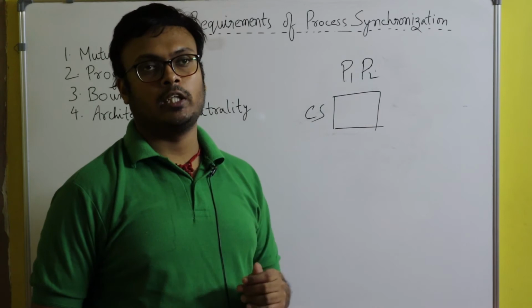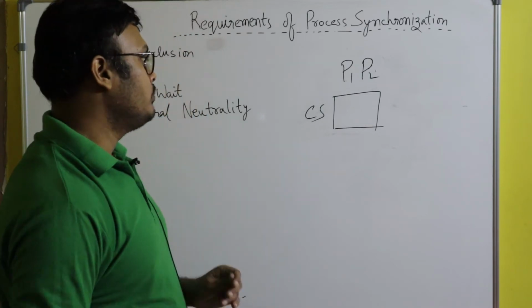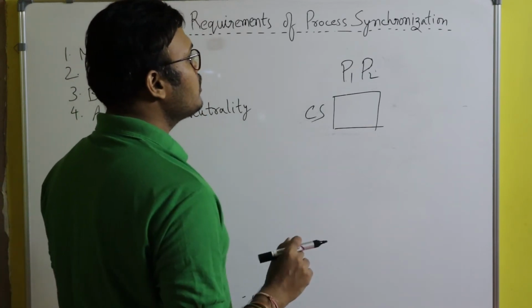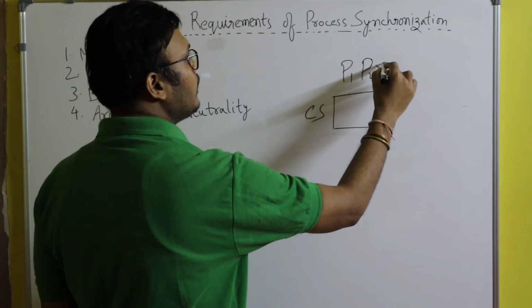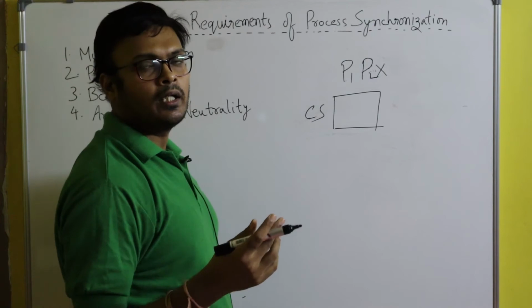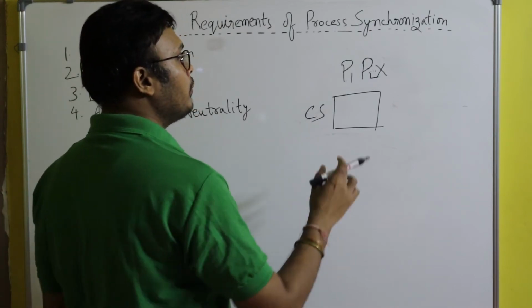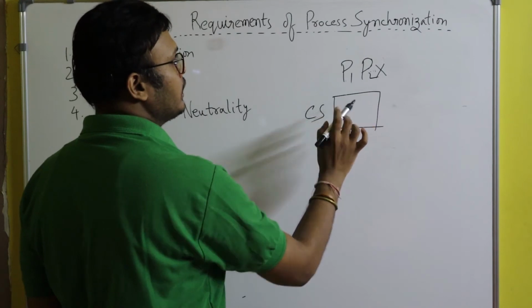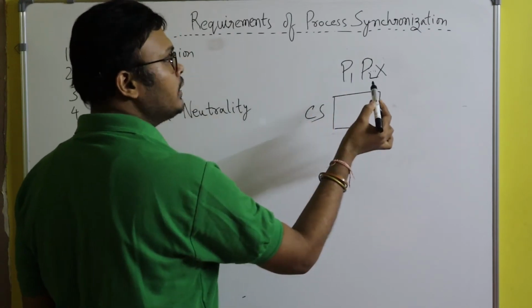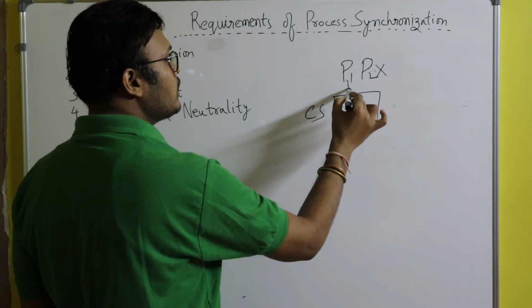There is no progress at all, because progress means that although process P2 is not interested to enter inside the critical section, it will not stop process P1 from entering. Since process P1 is interested, process P1 can enter.